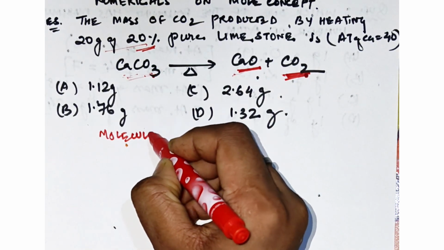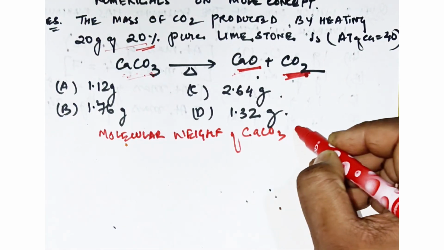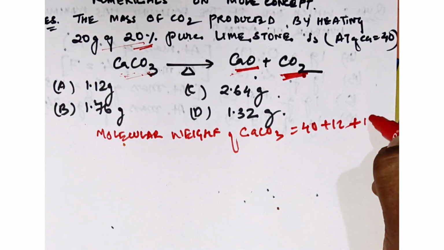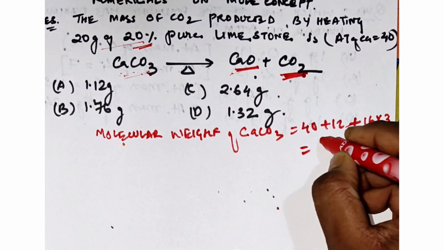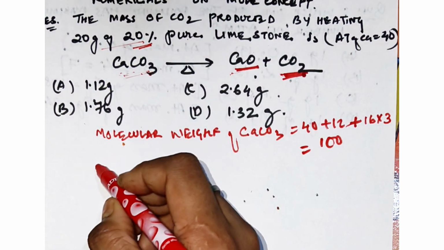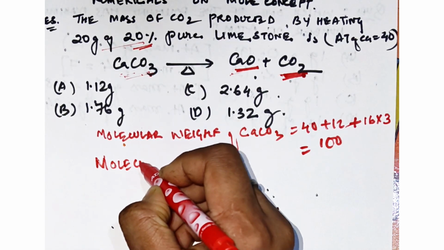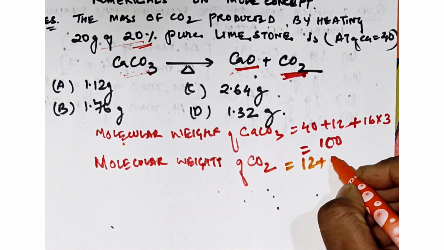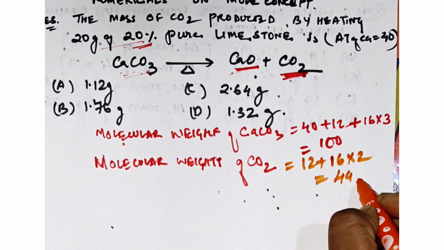So molecular weight of your CaCO3: calcium is 40 plus carbon is 12 plus oxygen is 16 into how many atoms of oxygen? 3. So the total comes to be 100. And now molecular weight of carbon dioxide: carbon is 12 and oxygen is 16 into 2, that gives you 44.